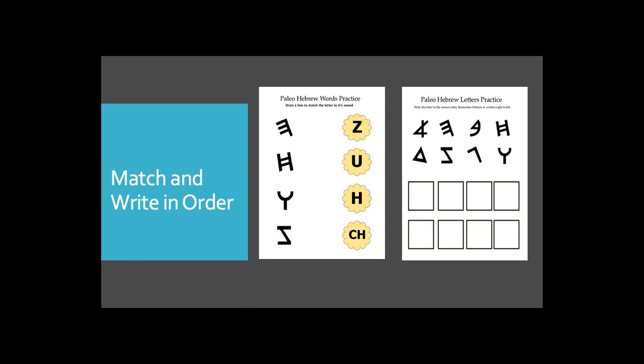Okay, so on page 38, we have 8 blocks and we have 8 letters. And starting on the right side, the top right block, what is the first letter of the Eberith alphabet? And I'd like you to write that letter in the block. And I'd like you to follow all the way.